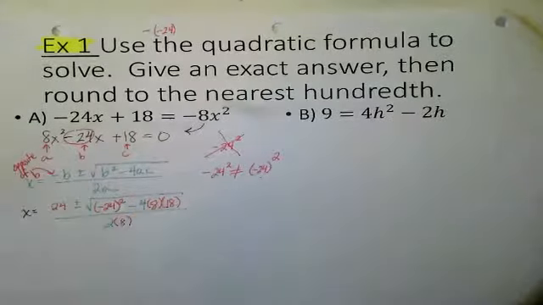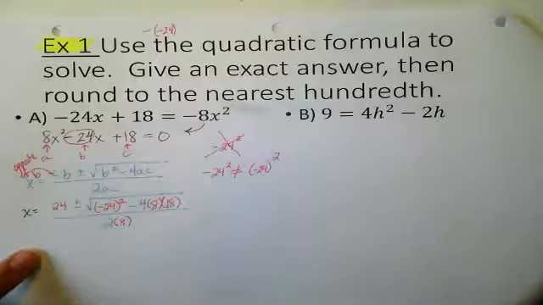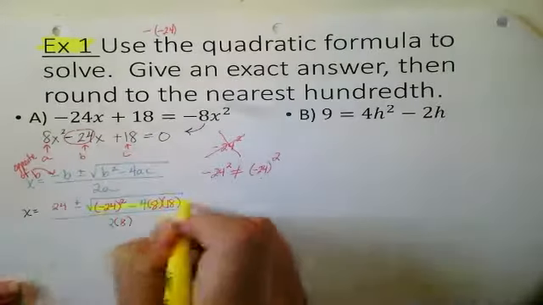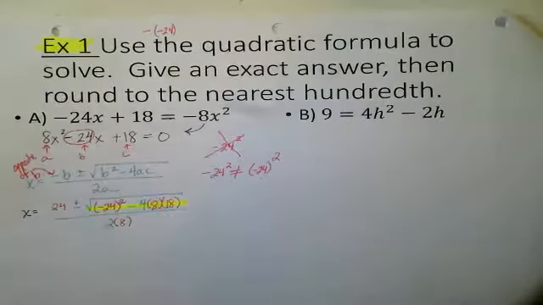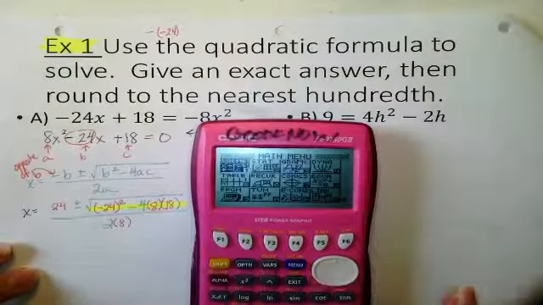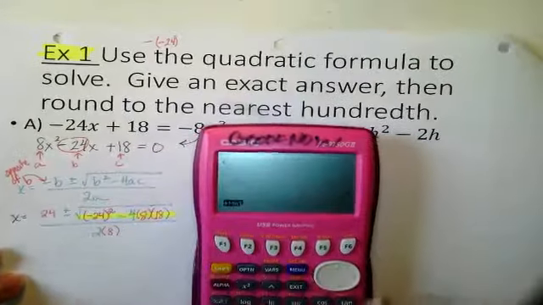All right, there's a lot to clean up here. I'm going to do all of this stuff that's underneath the radical. I'm going to put it in my calculator just like that. So I'm going to go ahead and use my Casio first. I'm going to go to the menu and go back to the math regular run menu.